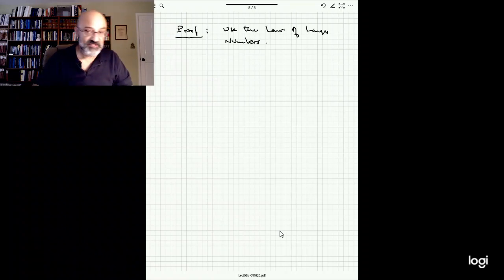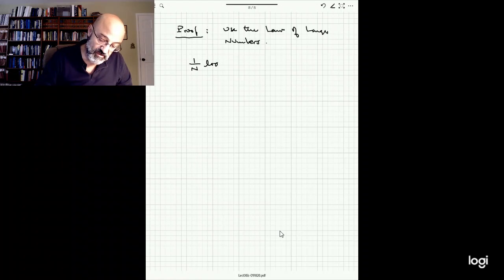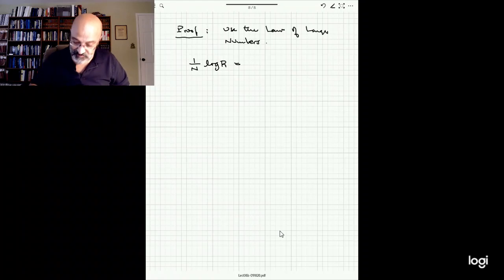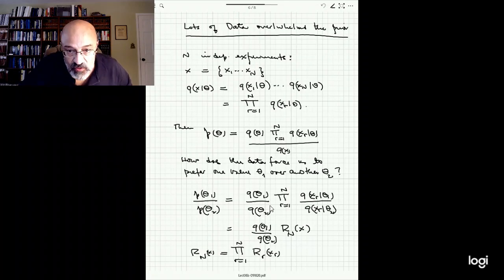This is actually kind of useful. Let me see. We are going to consider the quantity 1 over n, the log of r. Now, what's r? If you look here, r is a product.